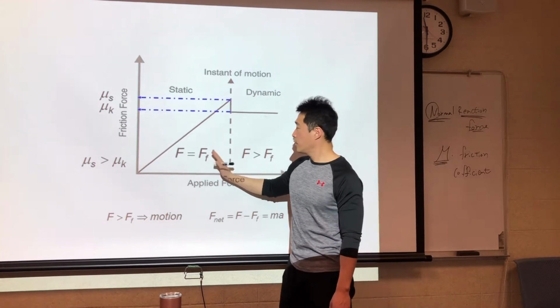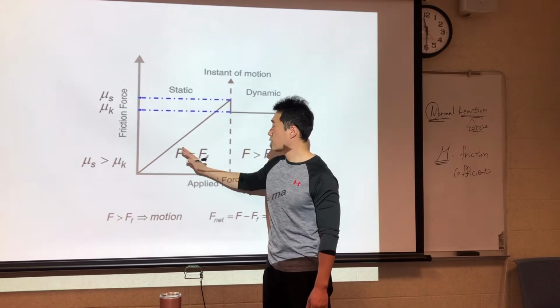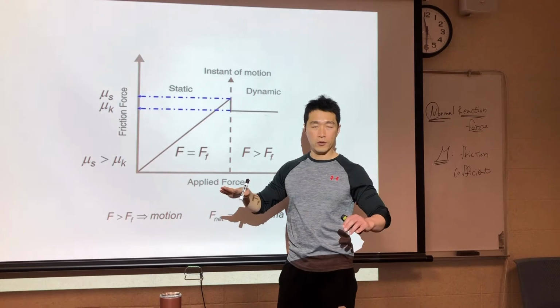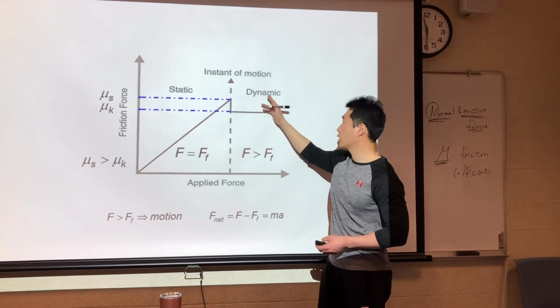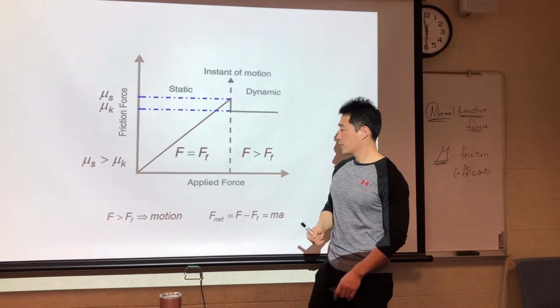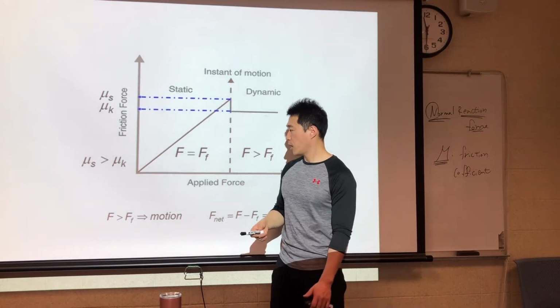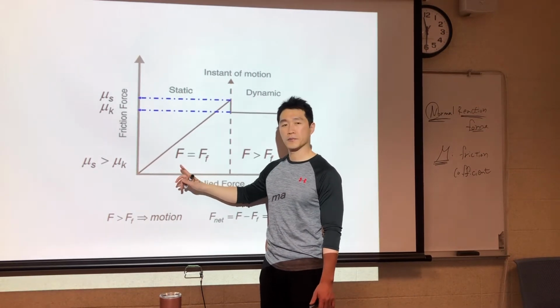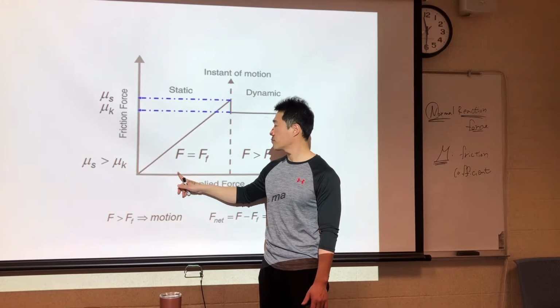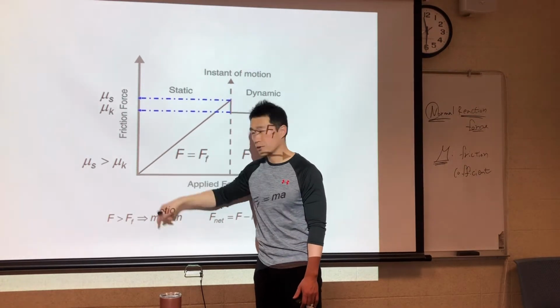Which means in this region there will be no motion involved, whereas in this region there will be motion involved. So let me apply force. What if my force is just this much? Then friction will be only this much.